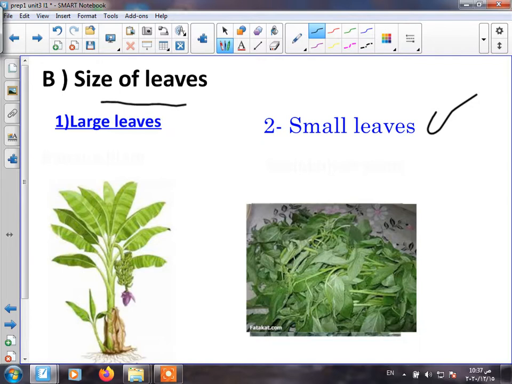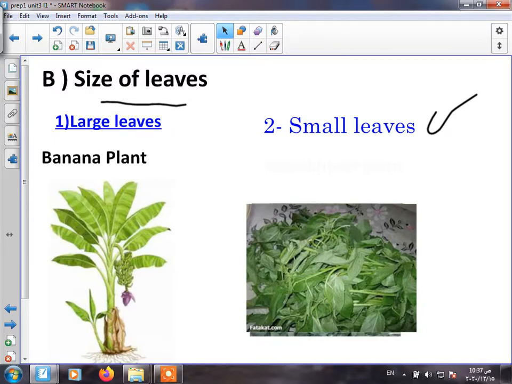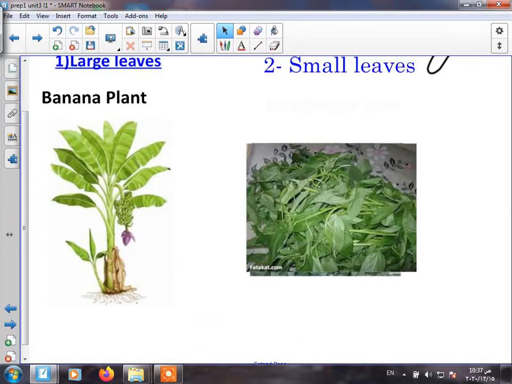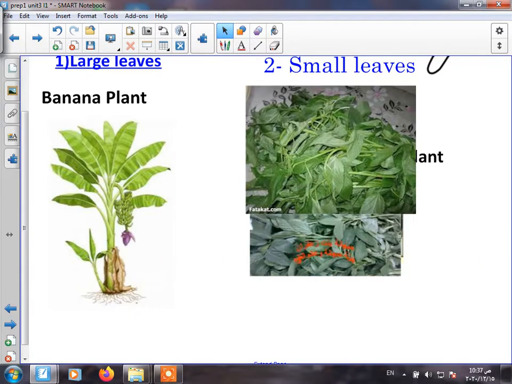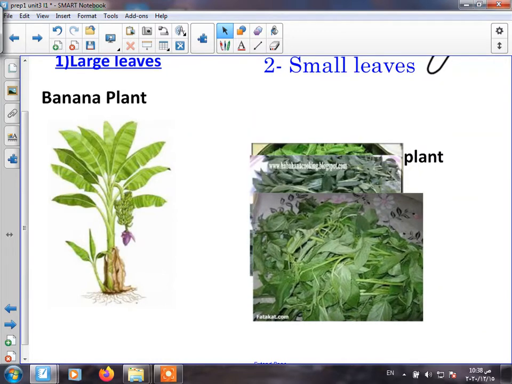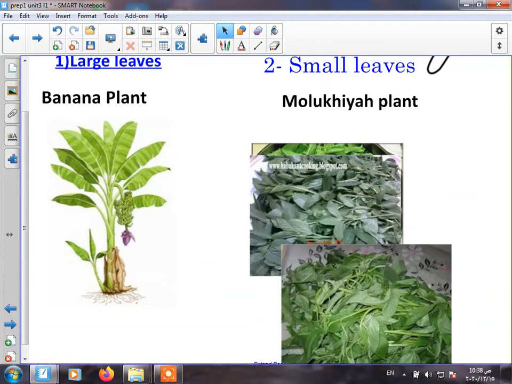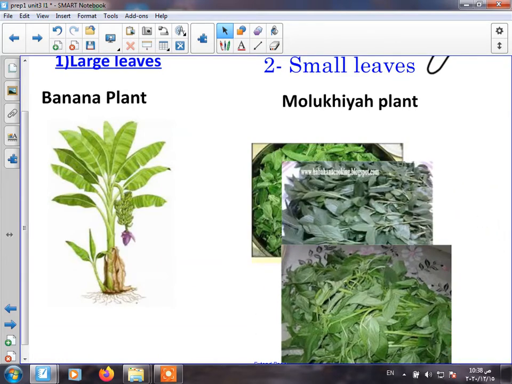Large leaves here, like banana tree or banana plant. This banana plant carries large sized leaves. And look here, this plant carries small sized leaves, as you can see in this picture. Okay?